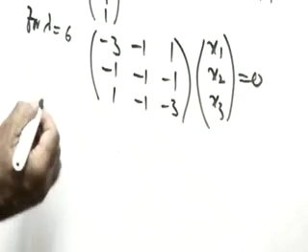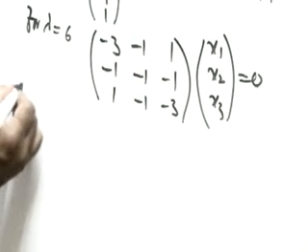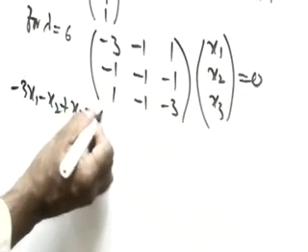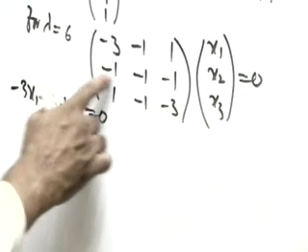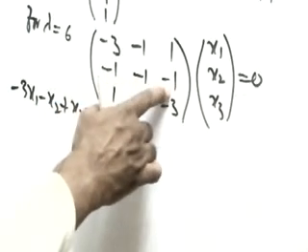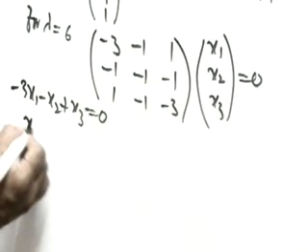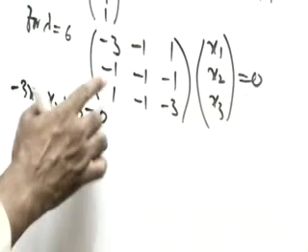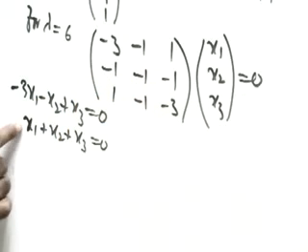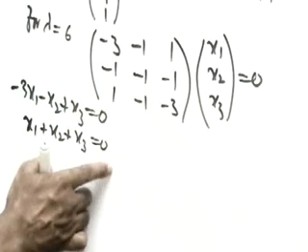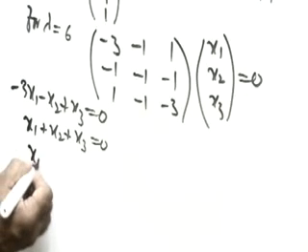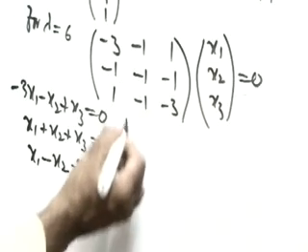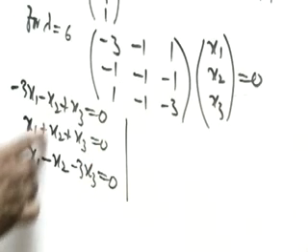Now if we solve this one, we will get the third vector. Multiply this: minus 3x1 minus x2 plus x3 equals 0. Let me take minus common here. Because all three are minus, if we take minus common it will become plus, so x1 plus x2 plus x3 equals 0. And lastly x1 minus x2 minus 3x3 equals 0.